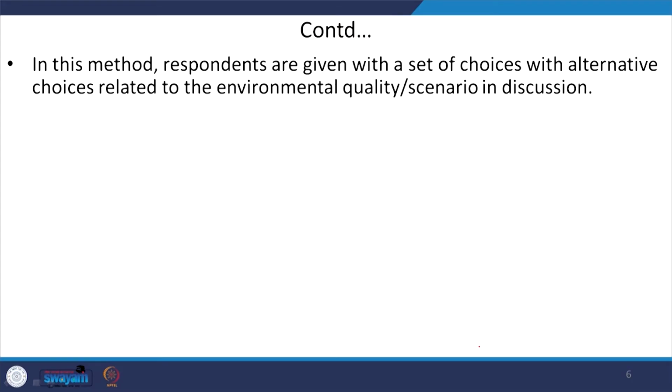So, here a set of choices with alternatives is given to the respondents for a particular scenario in discussion, and then the respondents are asked to choose their preferred alternative from the set of choices. So, we will be directly asking that given these alternative choices, which one is the preferred one for you.